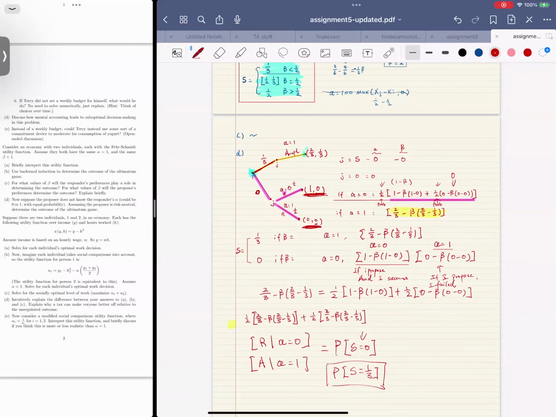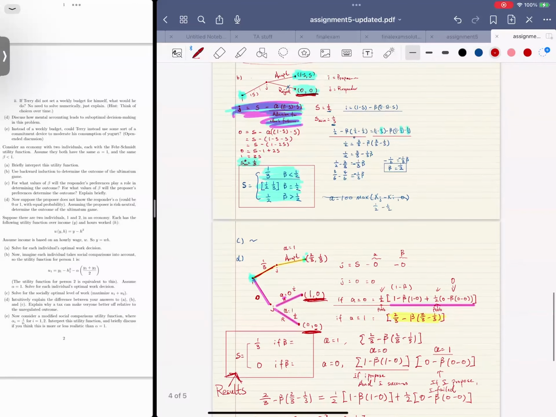I feel like I'm losing people. So if it's S0, that's the gamble that the question's really asking about, because if we did S equals 1/3, we already know that probability, that's 100. Exactly. It's guaranteed, but the whole equation is designed to figure out beta. The beta that gets us to the point where they're indifferent between the 1/2 coming from the gamble.